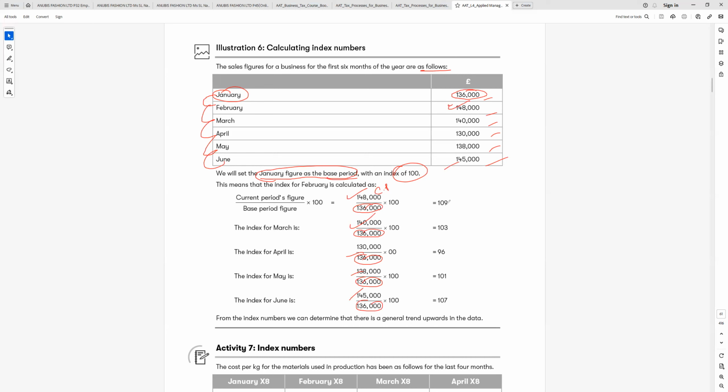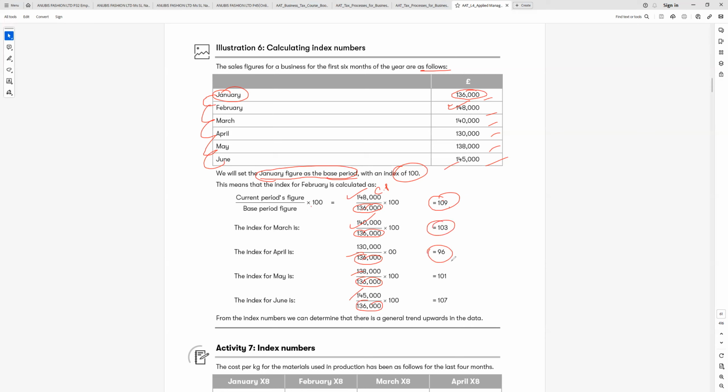So you can see here in January, our index number is 109. Then in March it is reduced. So we can see here 140. So basically in February actually, the current period is 136 compared with February. So it is 109. The index number for March is 103. Then the index number for April is 96.